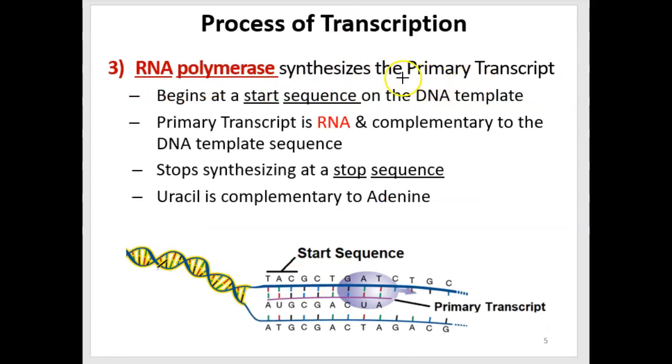So RNA polymerase is responsible for synthesizing the primary transcript. Beginning at the start sequence on the DNA template, it moves along in this direction, the arrow is shown right here, and assembles the primary transcript by attaching it to the DNA template.